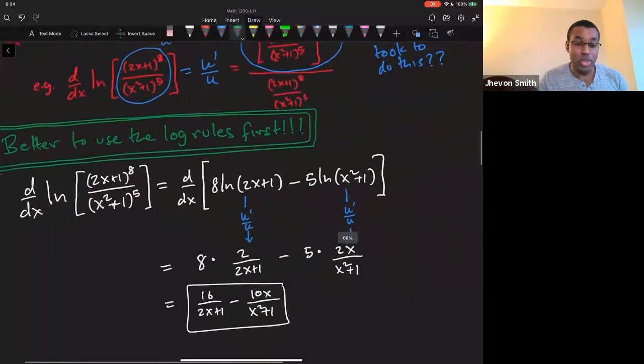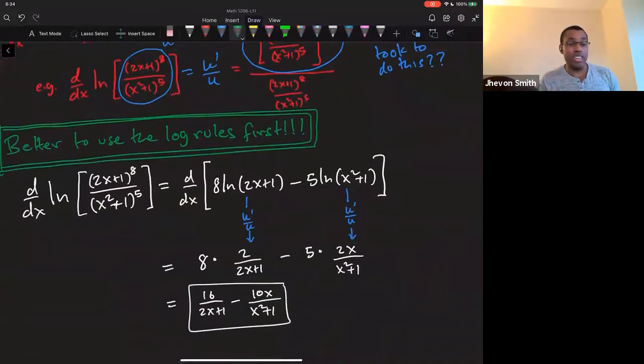And I still have students trying it, and then they end up either getting stuck on the problem or getting it wrong. Even if you get it right, you're still losing because you're going to spend so much time getting it right that you're going to run out of time on other stuff. No, there's a logarithm, use the log rules, right? So if you have logarithm of something complicated and you're going to do calculus, use the log rules.